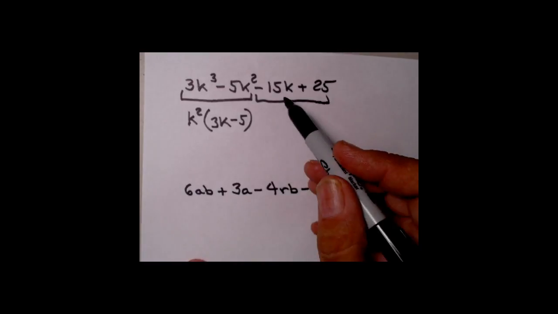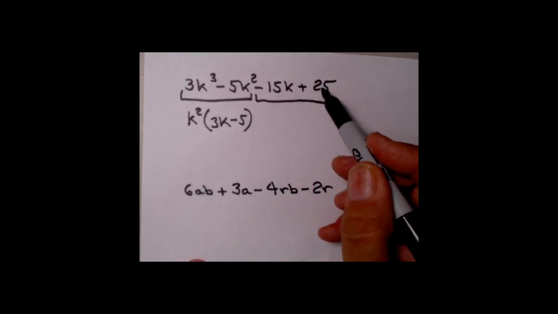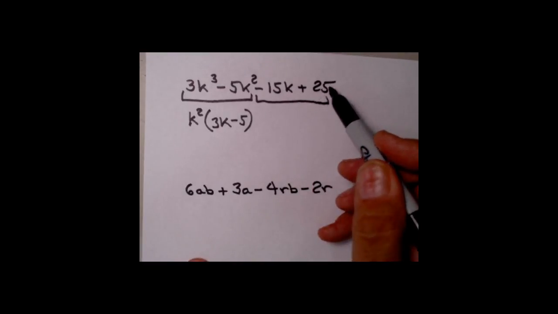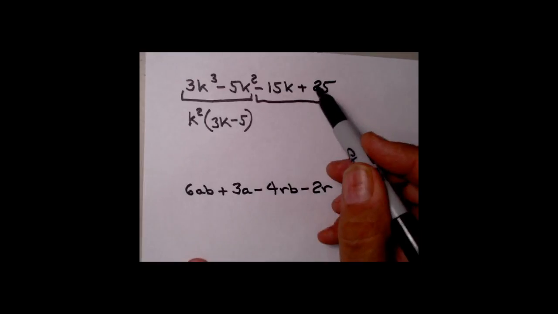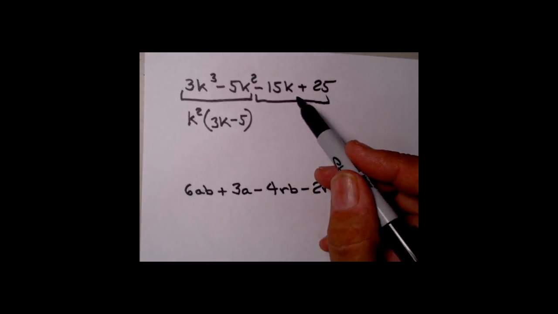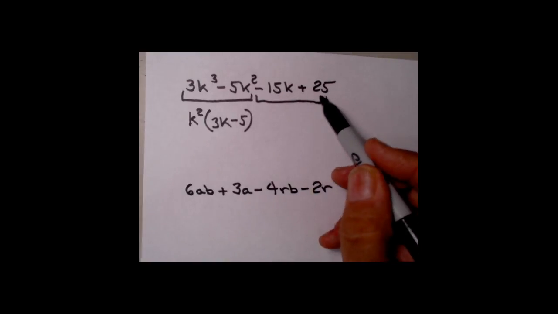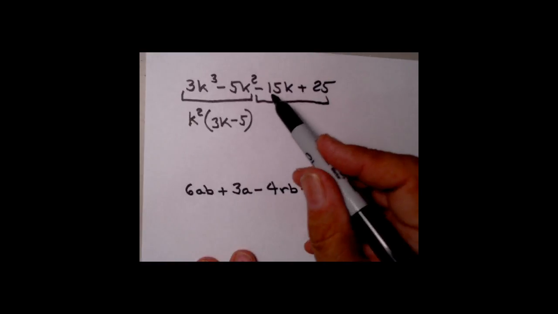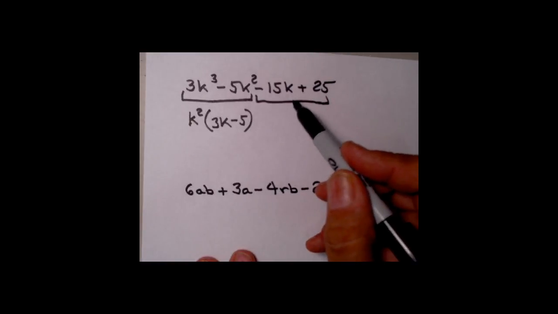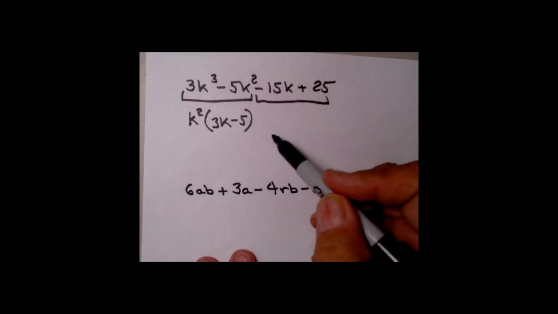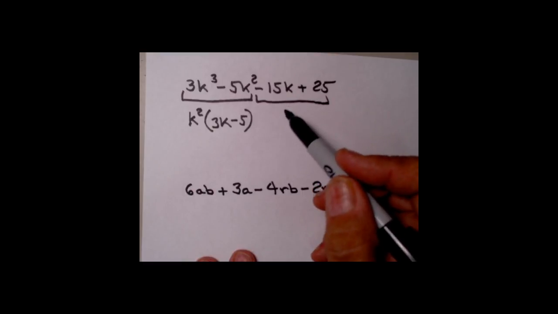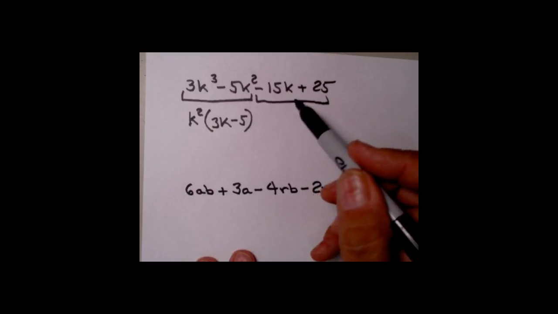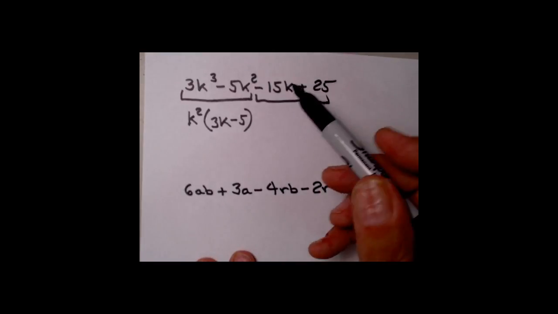Okay, take a look here. What's the GCF in negative 15k plus 25? Well, looks to me like all we can factor out is a 5. The k doesn't show up in both. Now, as usual, in the second guy, we have the option of factoring out the plus 5 or the minus 5. Only one of those works. And again, it's easy to see which way it has to go.